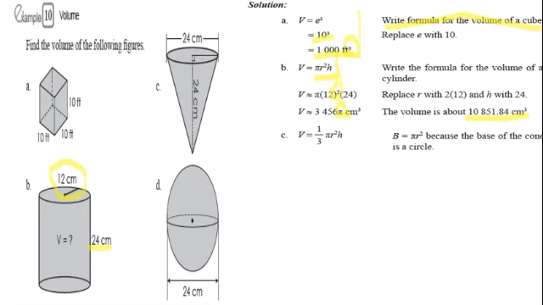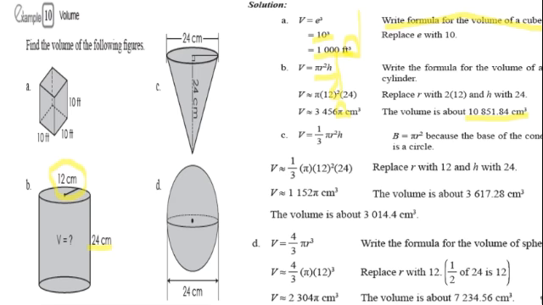We have a cone. So, we have the formula 1/3 pi r square h. So, B is equal to pi r square because the base of the cone is a circle. Okay? What is the base of the cone? Circle. So, replace B in the formula with the formula of the circle, which is pi r square.